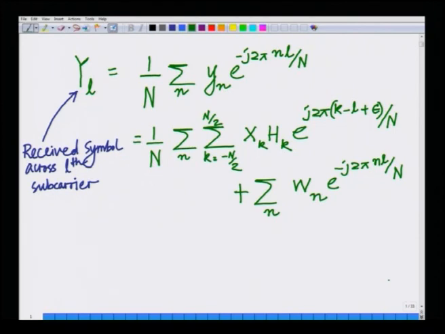So, I have the expression for y n, that is the nth received sample. I am simply substituting that expression in this, that yields me this. Now, from this first term over here, I am going to isolate the term corresponding to k equals L. This is similar to what we had done earlier, because I want to look at this as two terms.